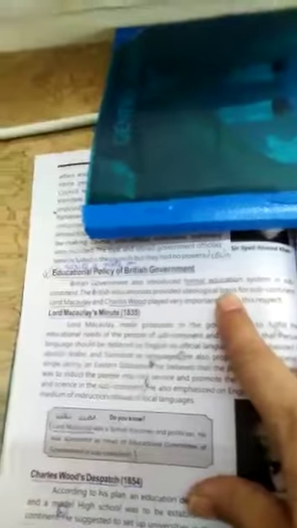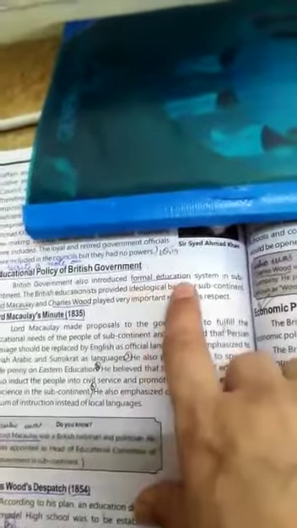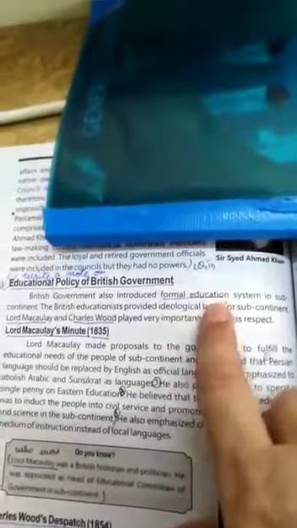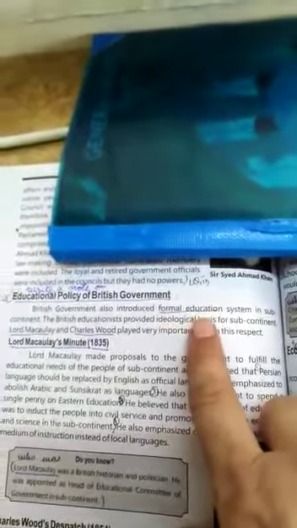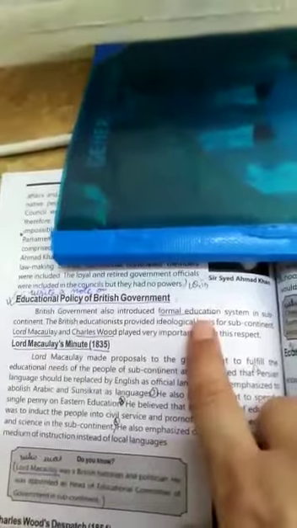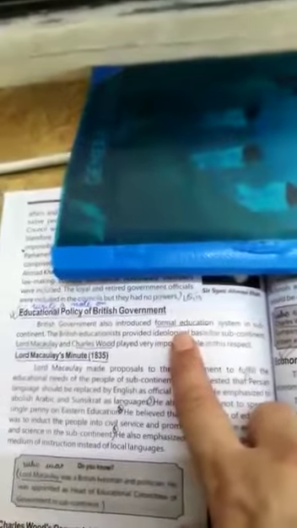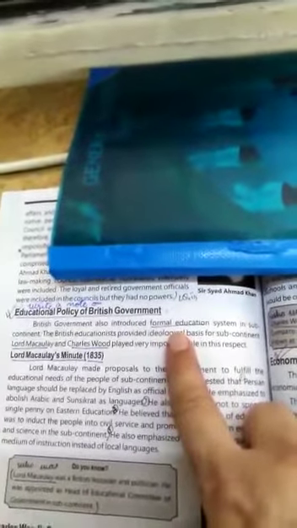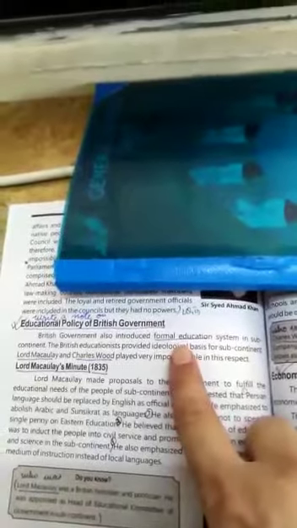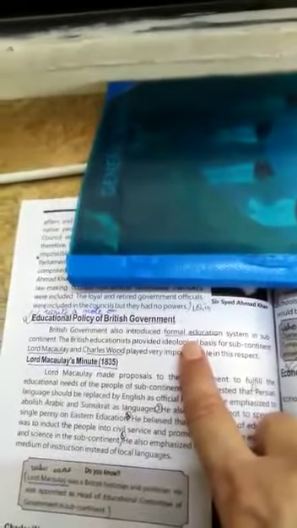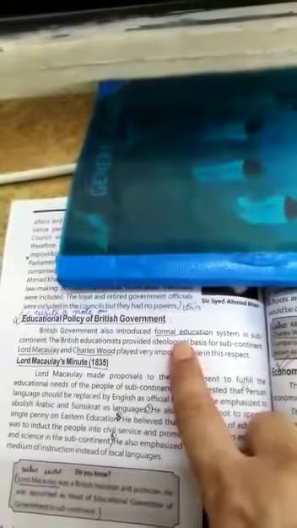Before starting, you must be clear about the difference between formal education and informal education. Formal education is the type of education which a child acquires by going to some educational institution. And informal education is the education which a child gets from the parents, especially the mother and father, and other family members with whom that child is living, and the society in which he or she is living.